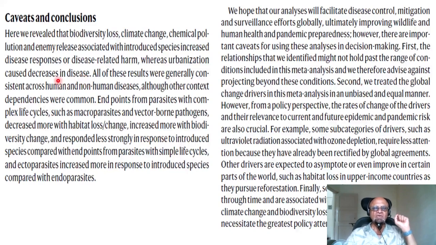This has to be understood better. You can read the details. All of these results were generally consistent across human and non-human diseases, although other context dependencies were common.